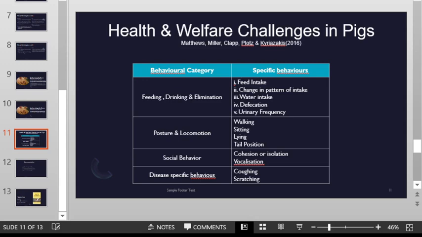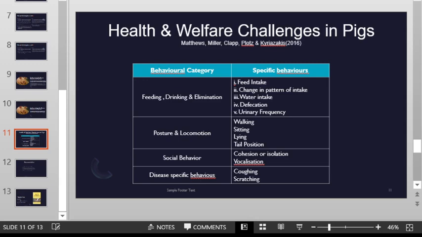So you want to be able to look at certain specific behaviors associated with a behavioral category. For instance, you have posture and locomotion, which is how the animal is able to walk, sit, lie, and then how the animal is able to move. With regards to posture and locomotion, if the animal is not walking or if the animal is walking awkwardly, it's a sign that something is wrong with the animal.